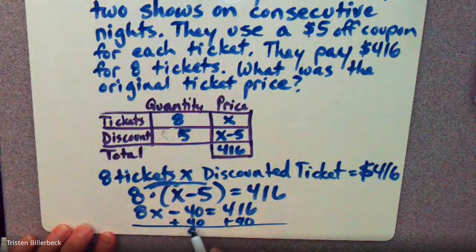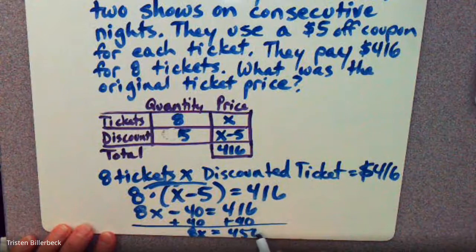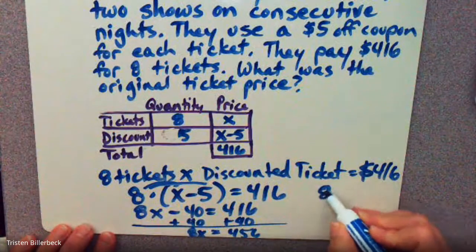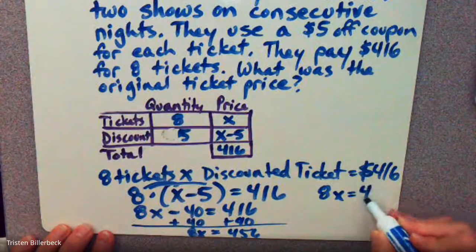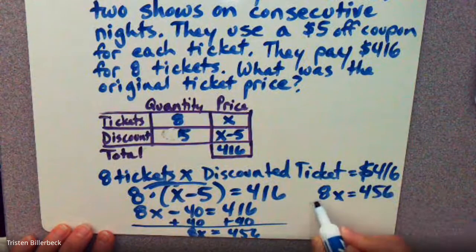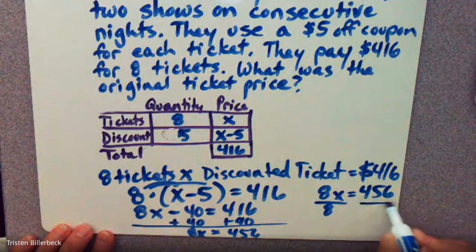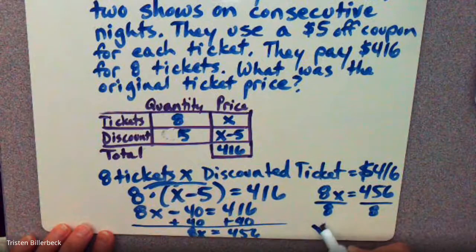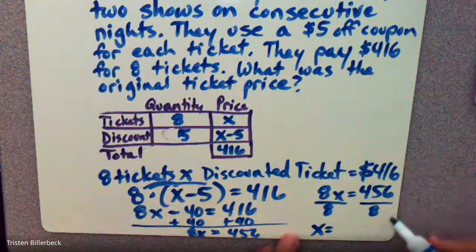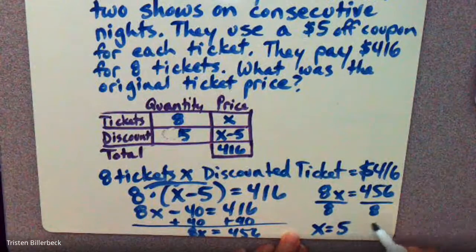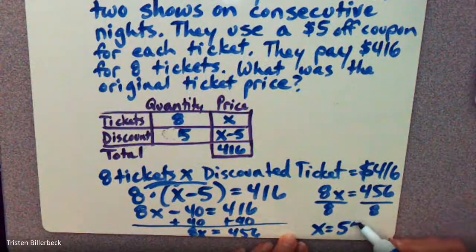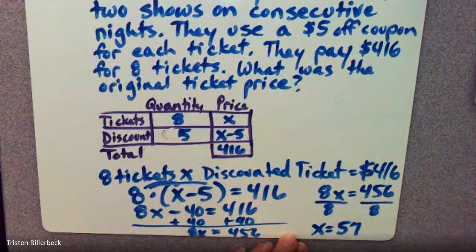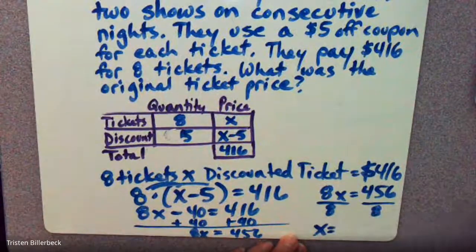And that gives us 8x equals 456. So when we divide by 8, there's 5 8s in 45, and then 56 is 7. So each ticket was $57.